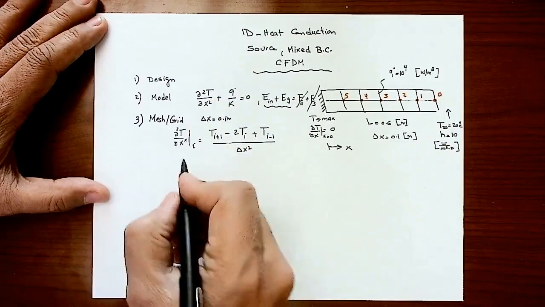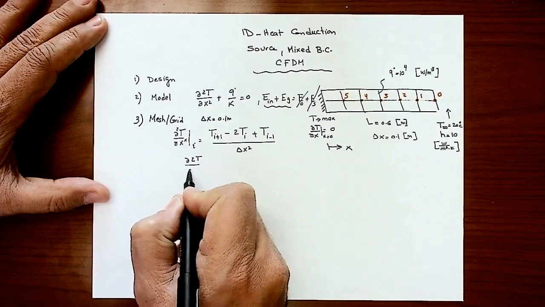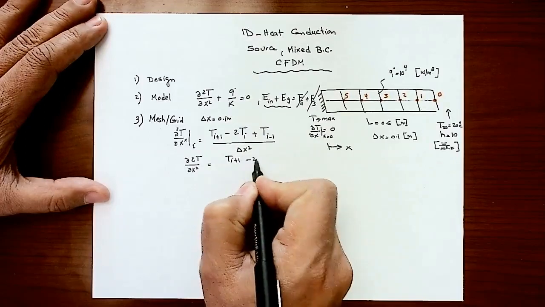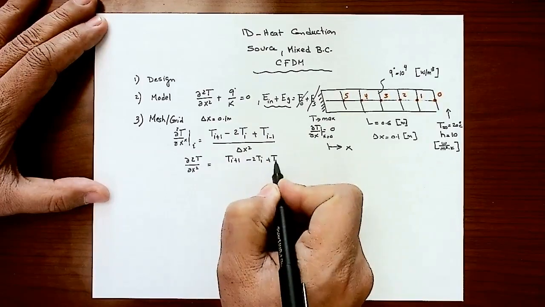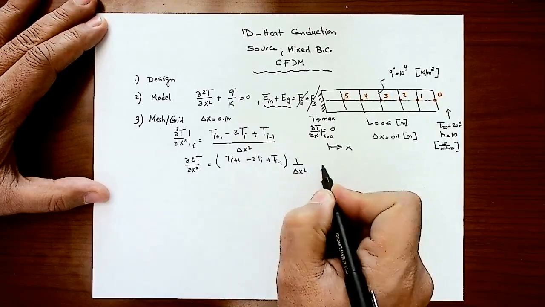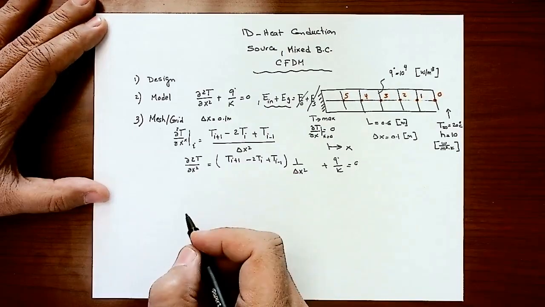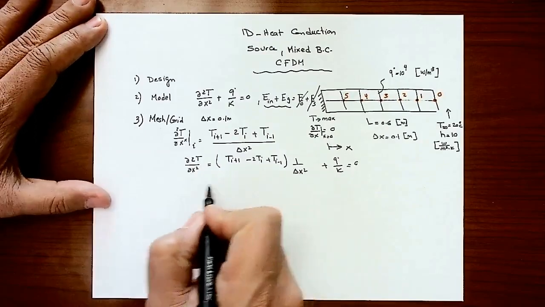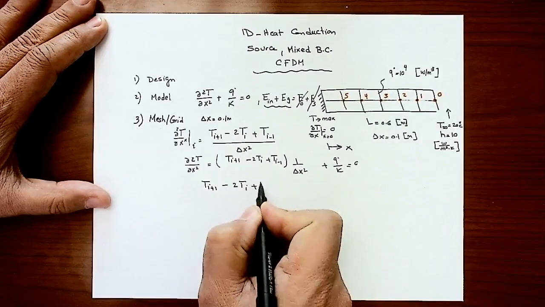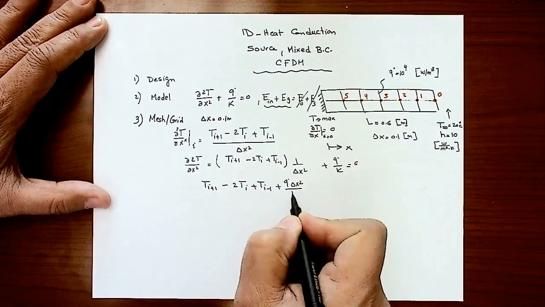If you substitute into this equation, your governing equation, partial 2T by partial X squared, will be substituted by Ti plus 1 minus 2Ti plus Ti minus 1, multiplied by 1 over delta X squared. Then I add the term Q dot over K equal to 0, and multiply both sides of the equation by delta X squared. So I will have Ti plus 1 minus 2Ti plus Ti minus 1 plus Q dot delta X squared divided by K equal to 0.